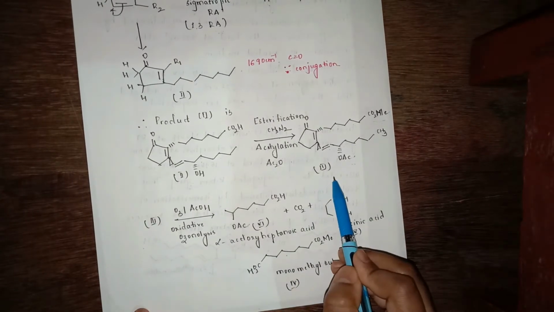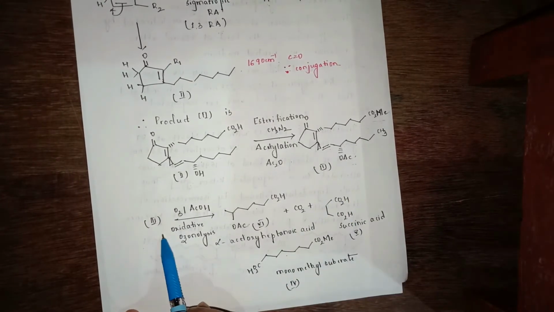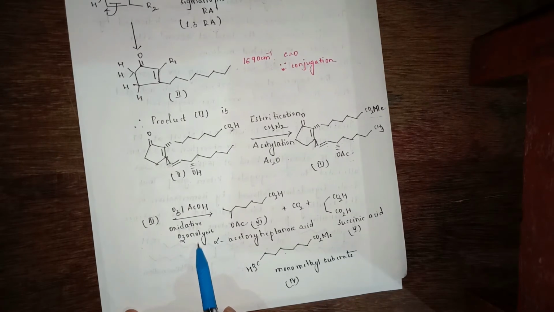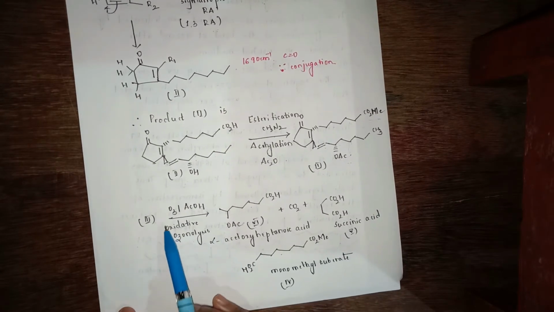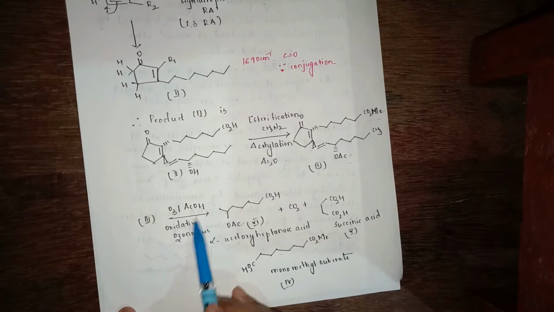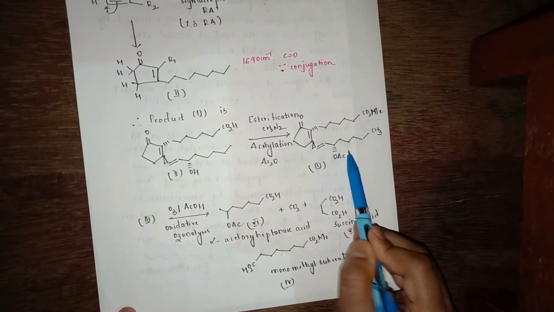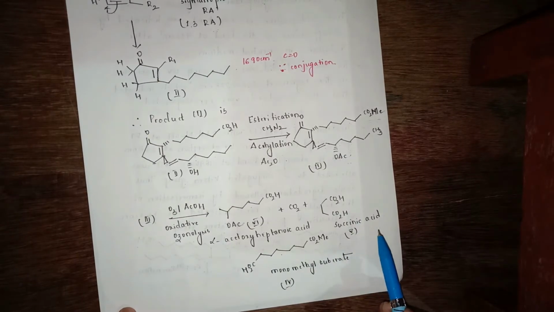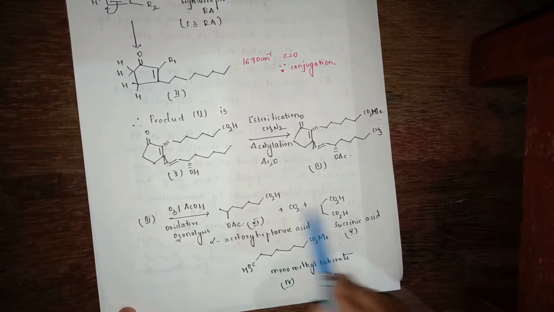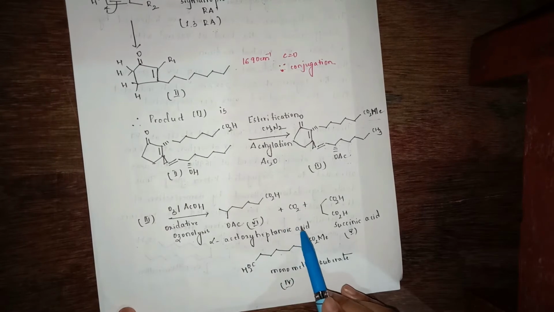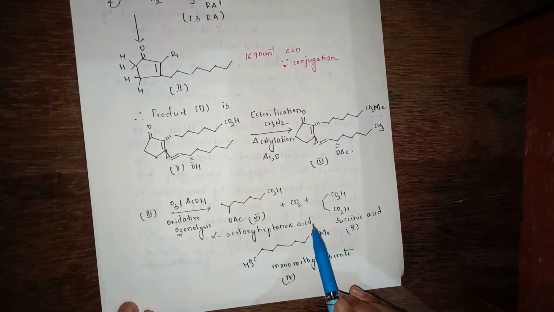Once this compound number 3 is treated with oxidative ozonolysis, the meaning of oxidative ozonolysis is O3 in the presence of acetic acid. It will be degraded into 3 major compounds and 1 minor compound, carbon dioxide.